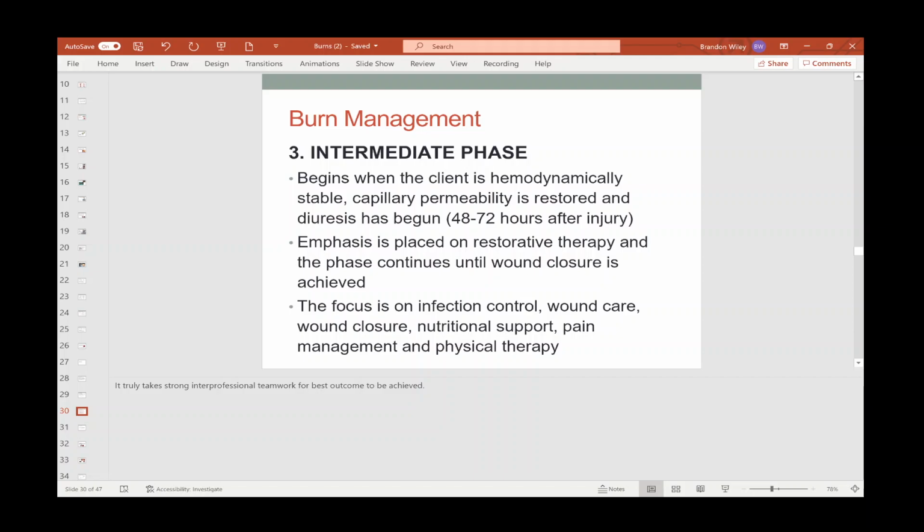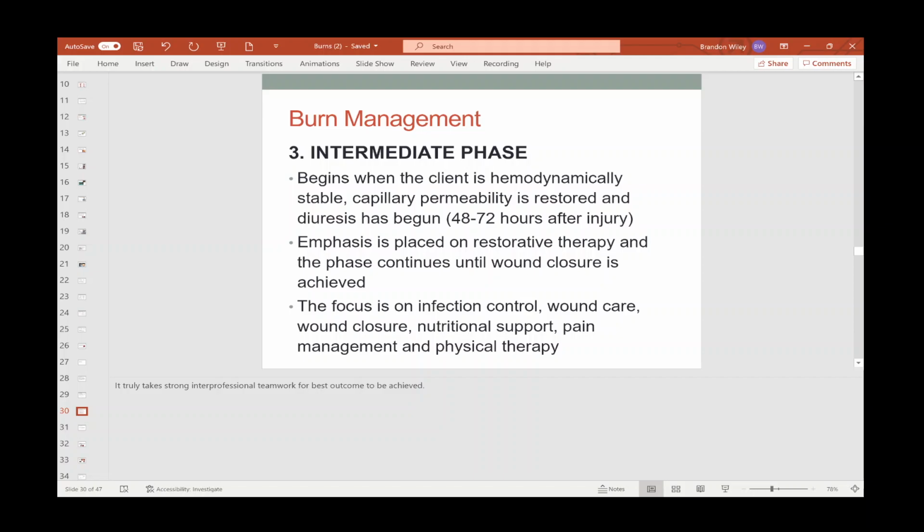So the first two phases are pretty initial. That's your initial first 24 hours. And then the intermediate phase is going to be after that. As soon as they're hemodynamically stable, we start working on their wounds.